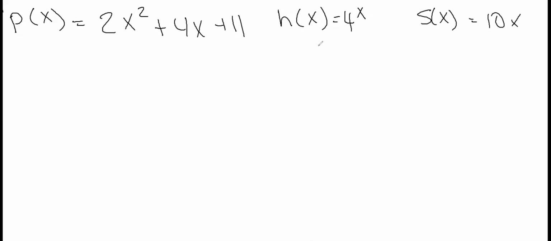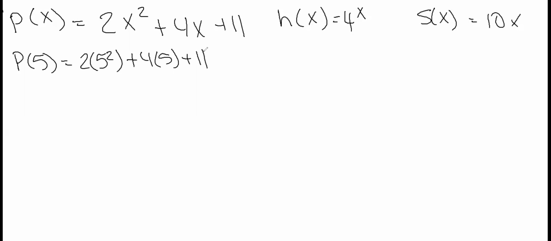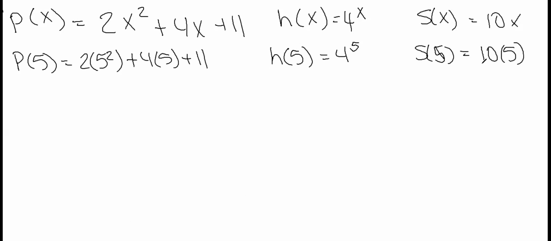So I want to know what p at 5 is. So I do 2 times 5 squared plus 4 times 5 plus 11. For the h at 5, it is 4 to the 5th power. And for the s at 5, it is 10 times 5, which is the easiest one. Of course, it's 50.